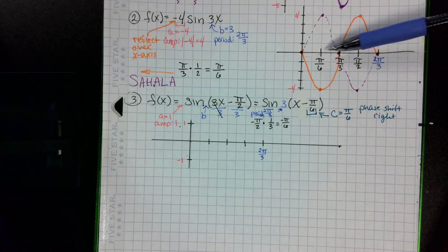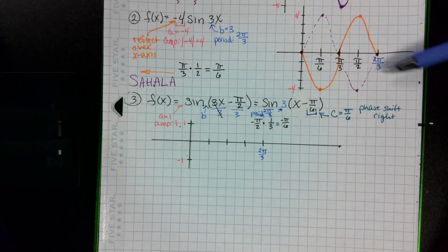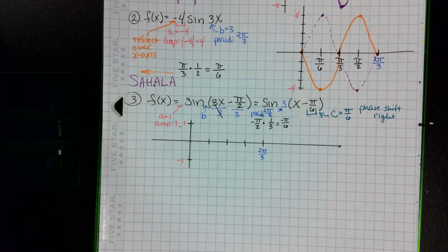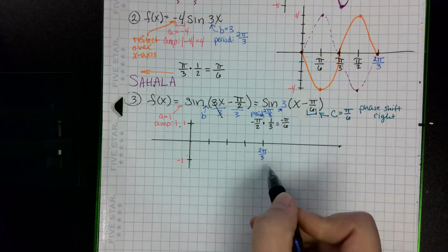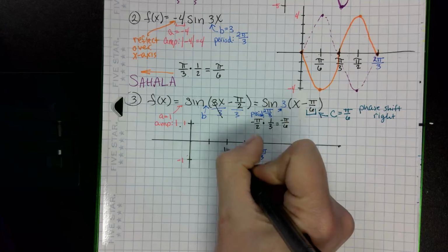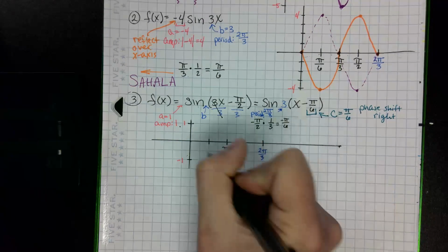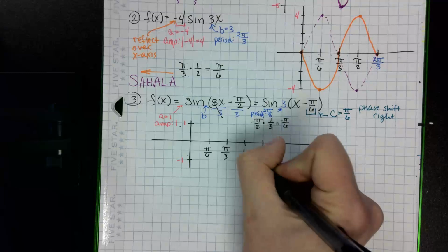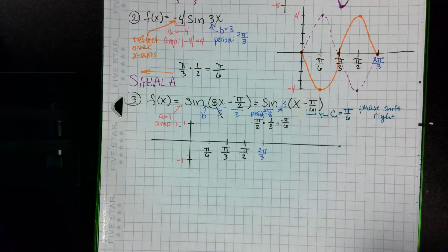So we know the x-axis values are going to be the same since it's the same period, 2 pi over 3. So we would cut that in half, and that would be pi over 3, then pi over 6, and then pi over 2. Again, we're doing sine.